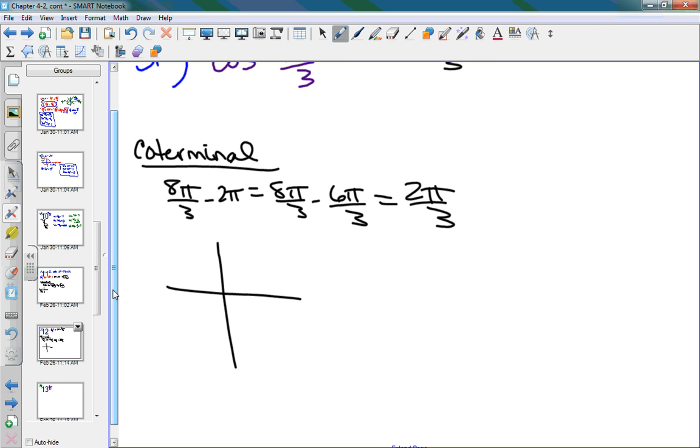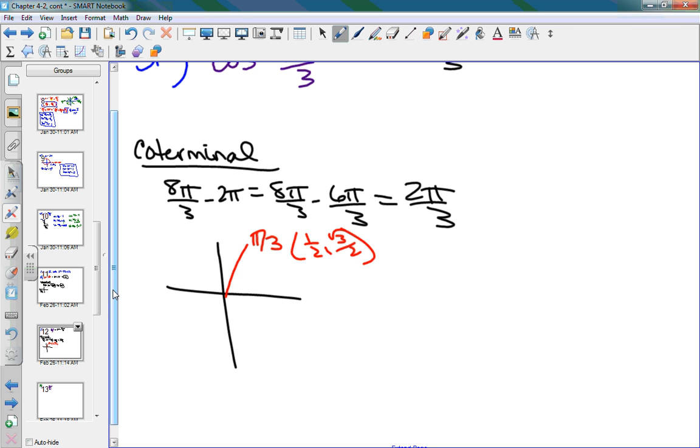Well, first of all, here's going to be pi over 3, and I know according to the hands on my clock that this is going to be 1/2, square root of 3 over 2, right? How do I know that? Because it's the denominator of 3, and by the hands of the clock, in quadrant 1, I have the x coordinates 1, 2, and 3. Yes? Wait, 2 pi over 3.